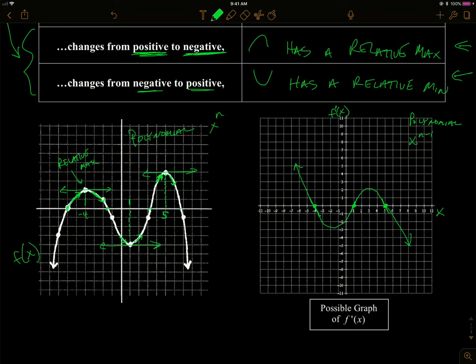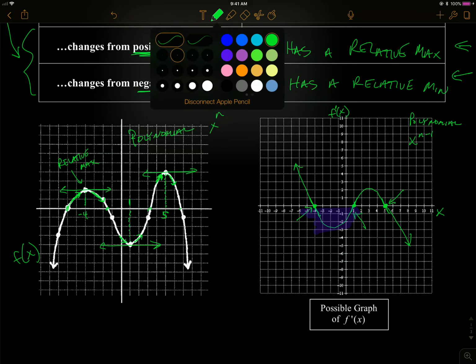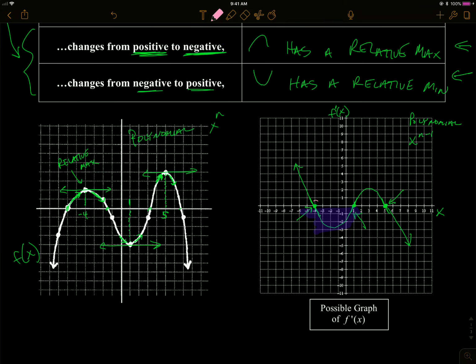I don't know how far down it comes. Maybe I should have angled it more and come down this far, but we don't have to worry about that. We're worried about a couple of things. Did we get the correct points where the derivative is equal to 0? And on our intervals, is the function positive when it needs to be and negative when it needs to be? So on this interval here that I highlight, which is from -4 to 1, it looks like the graph is below the x-axis.